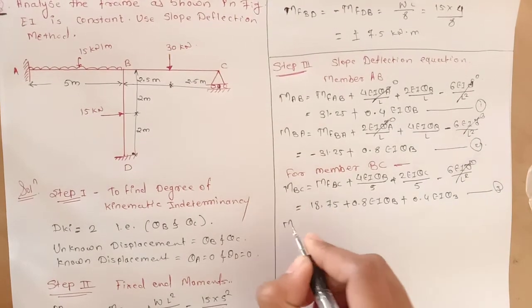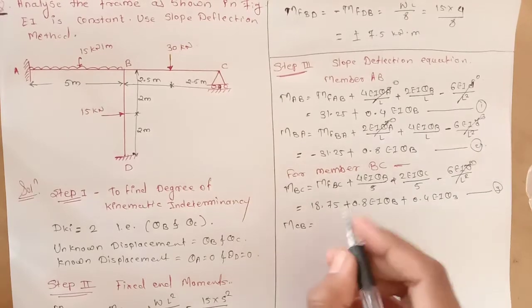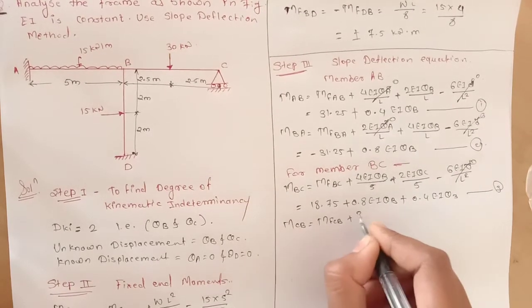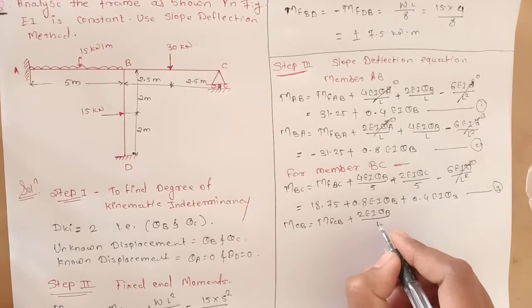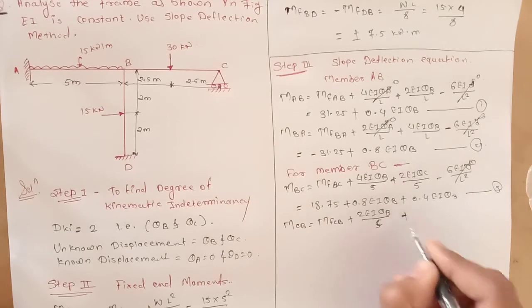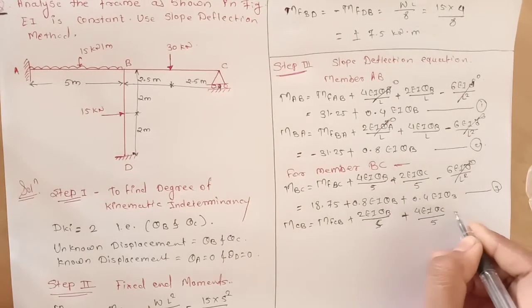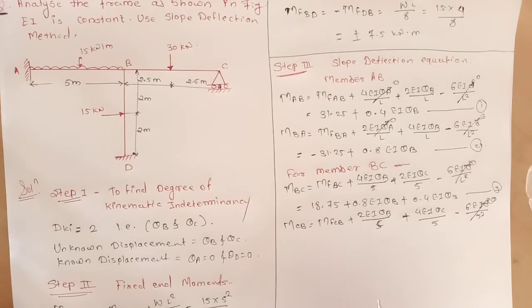Then next, the slope deflection equation for member CB. The formula is fixed moment for member CB plus 2 EI theta B divided by length 5 meter plus 4 EI theta C divided by 5 minus 6 EI delta divided by 5 square. Here the delta term is equal to 0.